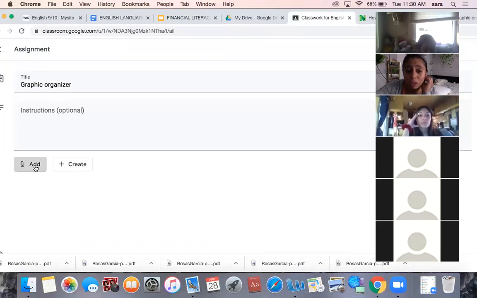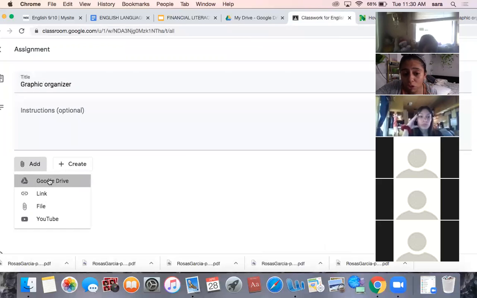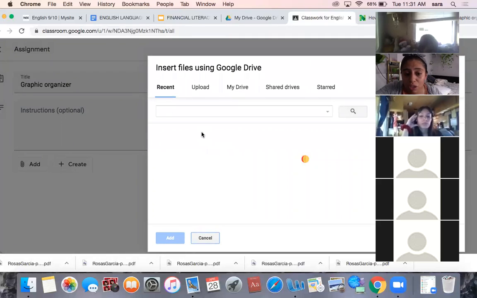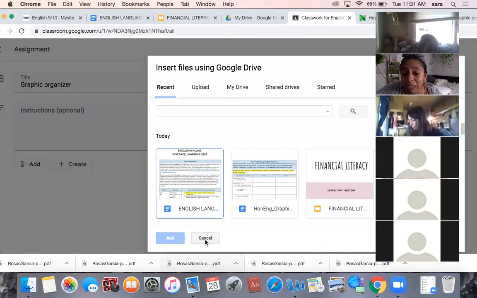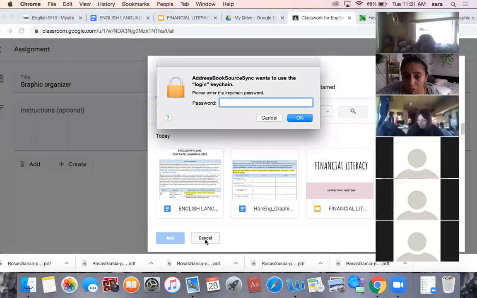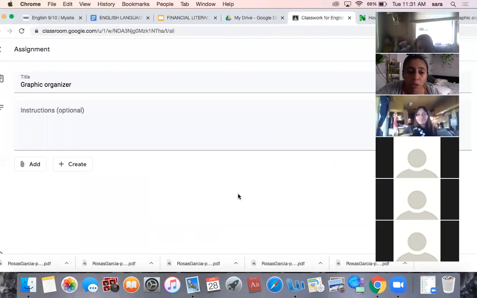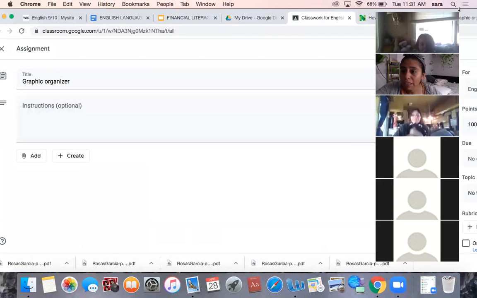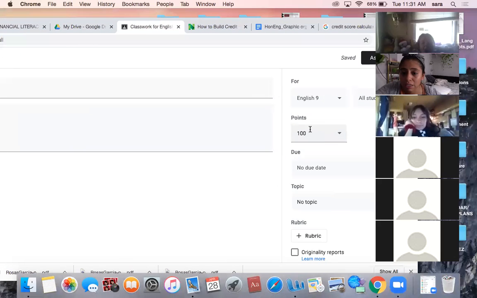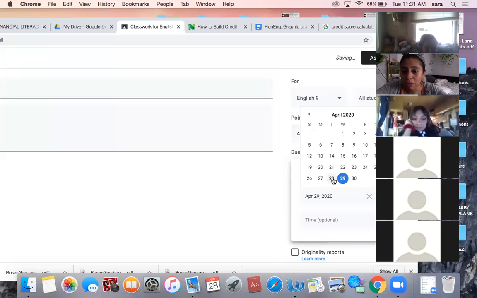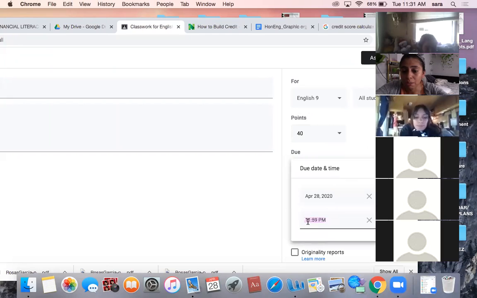And all you gotta do is add from your Google Drive and you'll see your graphic organizer right there. But you have to make a copy first, okay? And that's how you're gonna do it. I think it has show your work in here, but that's for today. And it's 40 points, so it's a lot of points. It's due today, Tuesday, by 9 p.m.